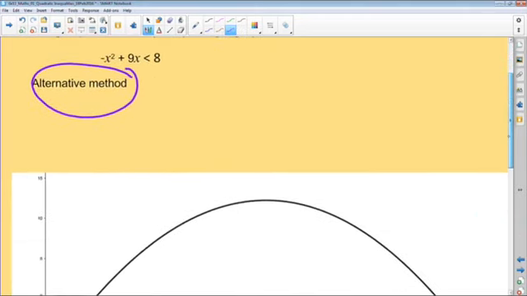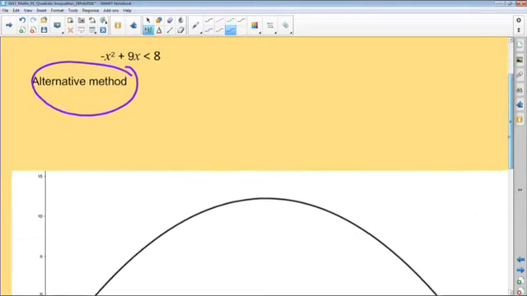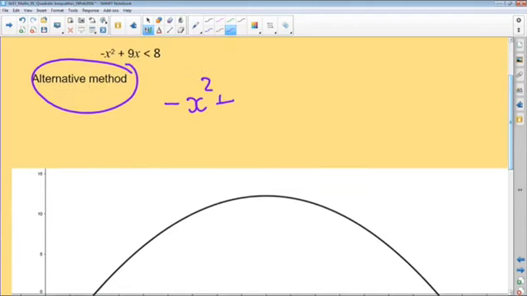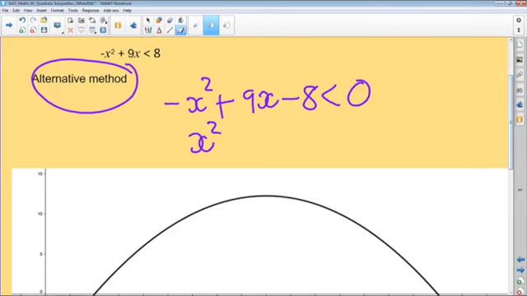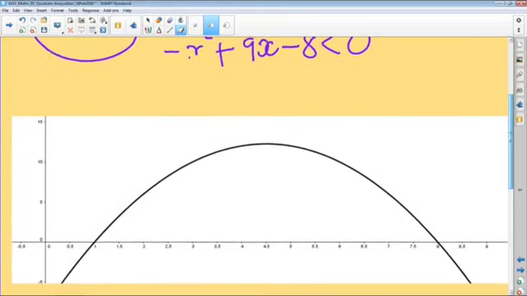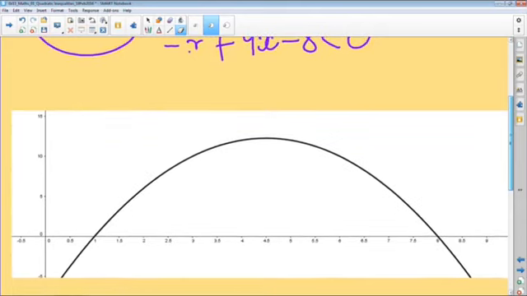So you've got minus x squared plus 9x less than 8. So that is minus x squared plus 9x minus 8 less than 0. But this is now x squared, right? Okay, this is your graph. This is minus x squared plus 9x minus 8.